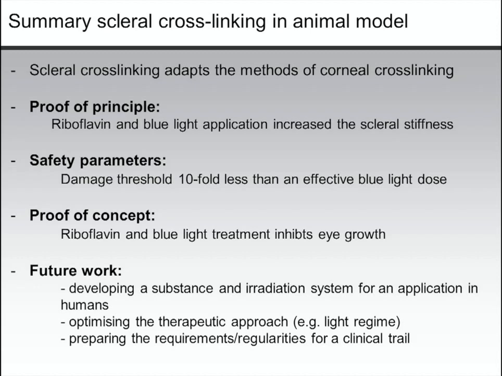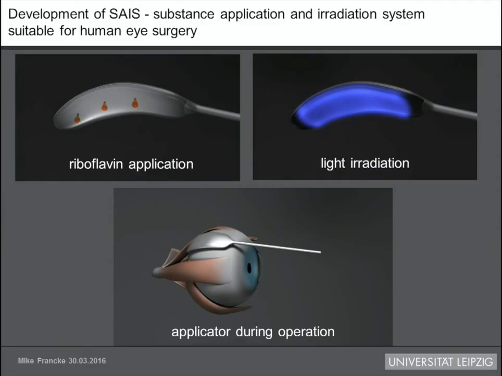We have to optimize the therapeutic approach, that means the light regime, how long the light is on, which light intensity level, and so on. And we have to prepare all the requirements and regulatories for a clinical trial to apply that in humans. That is what we develop with our industrial partner. This gives you a small idea about how it might work in future.